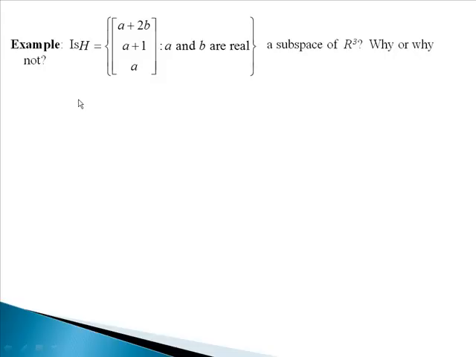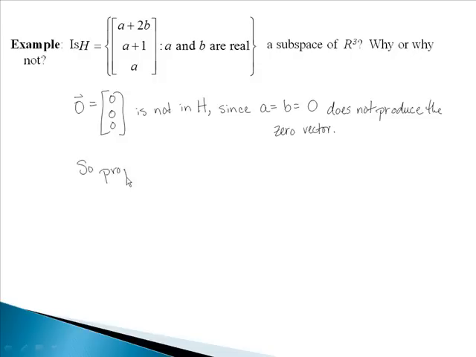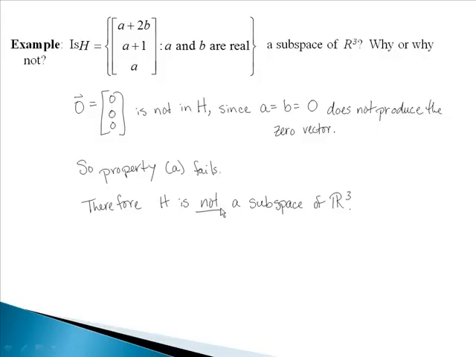And we can basically show that the 0 vector from R3, which is the set of 3 zeros, is not in H. Since if I let A equal B equals 0, or any other combination of values for A and B, we will not produce the 0 vector. So property A fails. So therefore H is not a subspace of R3.